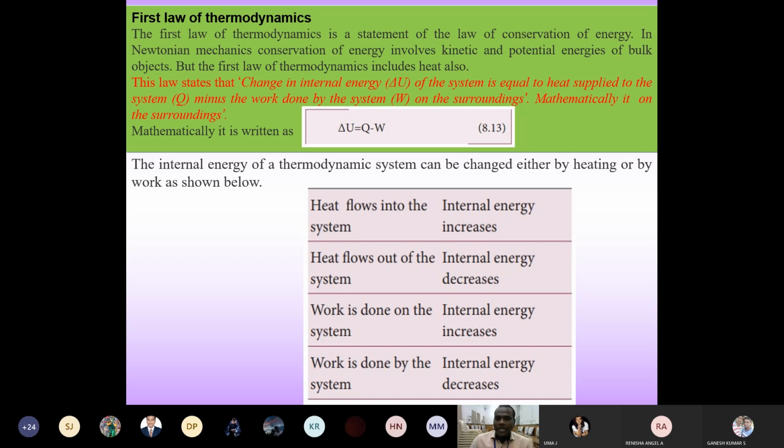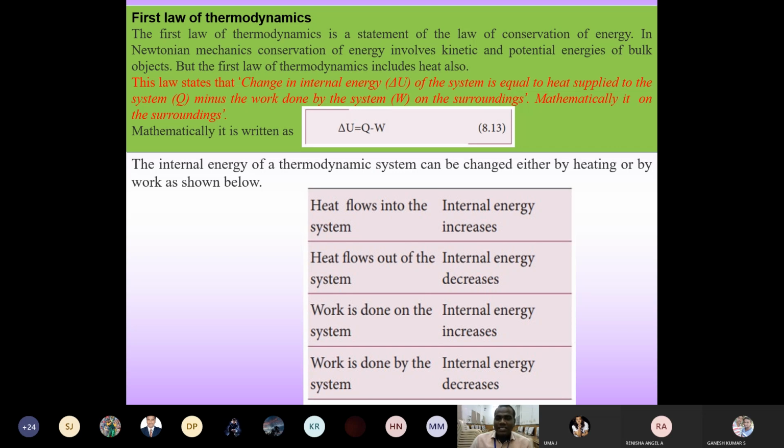If heat flows out of the system, the internal energy will decrease. That's why we have a positive value for heat supplied to the system. If heat is rejected from the system, if heat flows out of the system, we have a minus value of Q, and the internal energy will decrease.